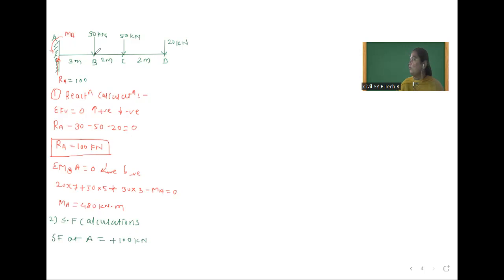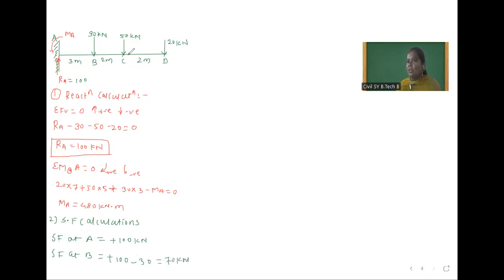After that, shear force at B. Up to this B point, shear force is constant because there is no force, so plus 100. And at B point downward 30, so minus 30, which is equal to 70 kilonewton.